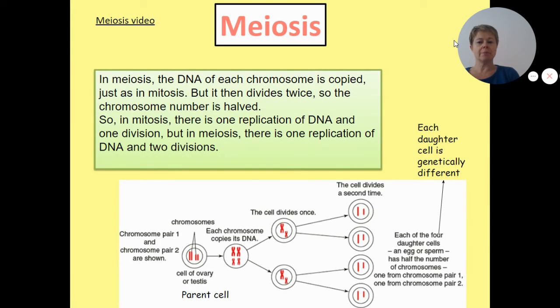Well, because 2 gametes have got to come together to make a cell that's got the right number of chromosomes. So if you had a sperm and an egg with 46 chromosomes each, we'd end up with 92 in a cell, and we need 46. So a sperm and egg, or a pollen and an ova in a flowering plant, have to have half the number of chromosomes as the body cells of that organism.